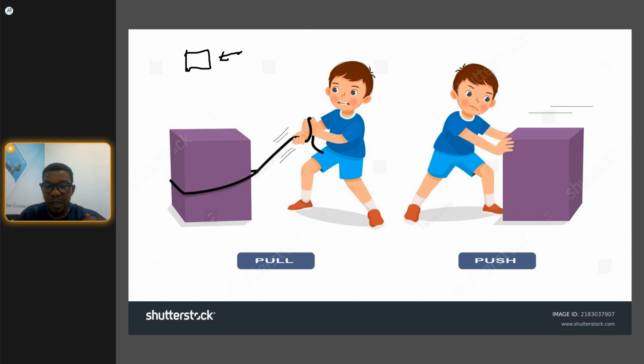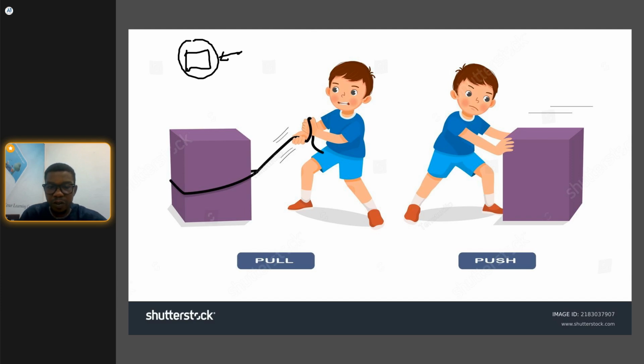Something brings about motion. What really happens that makes motion exist? If I have an object placed somewhere and no external force is applied to it, the object will remain like that. It will be static. There will not be a change in the position of that object.